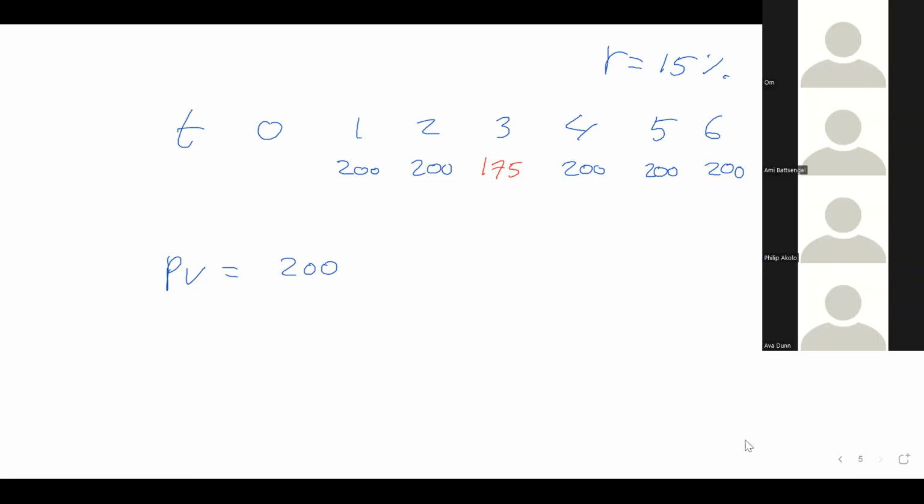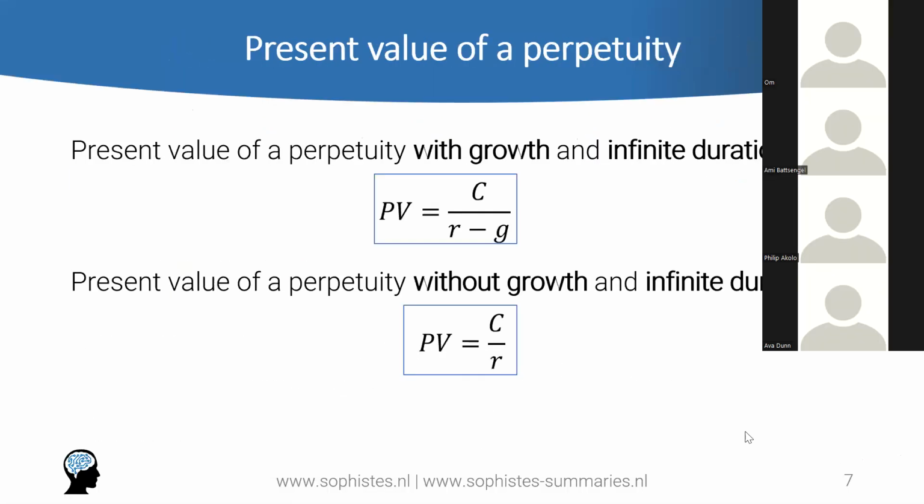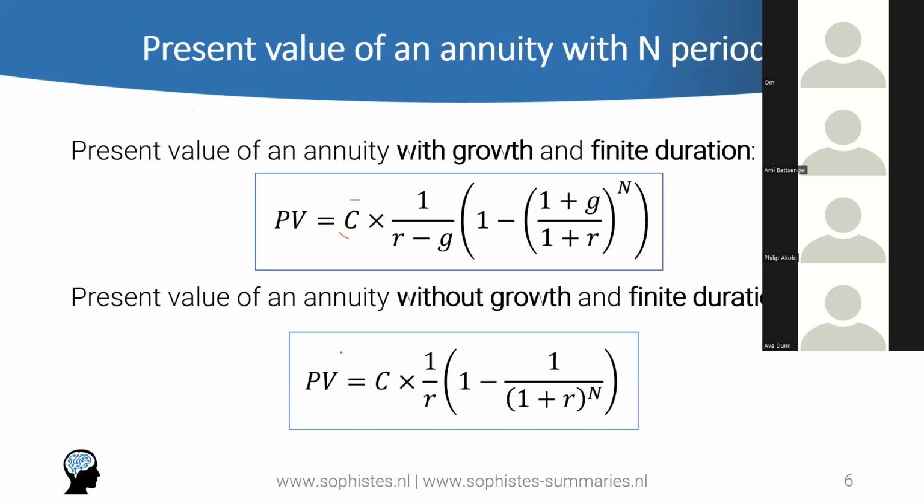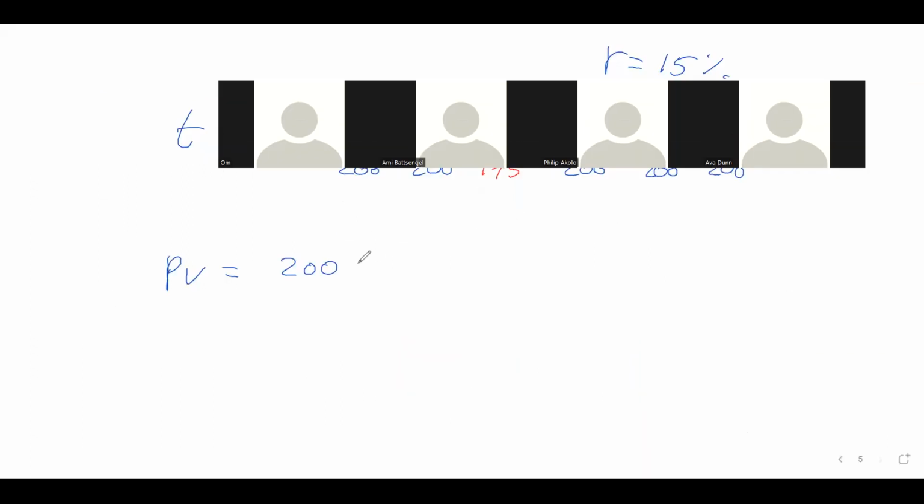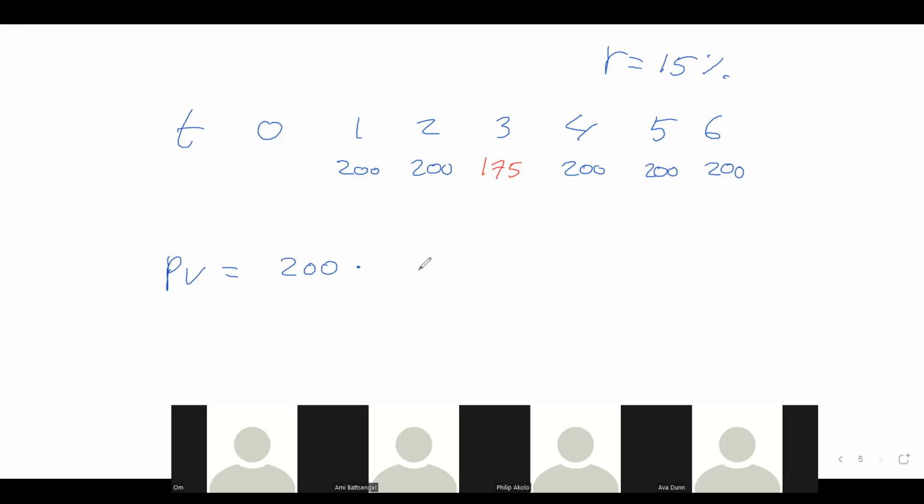Yes. Let me show it to you one more time. That was the formula here below, right? Okay. So 200 times, then, what do we have to do? 1 over 0.15. Yes, perfect.